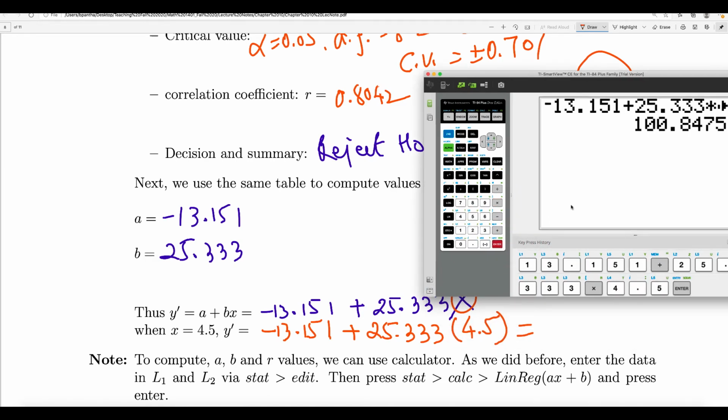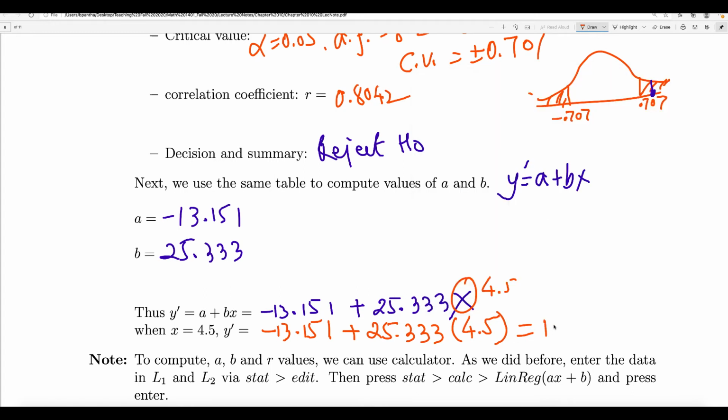If you do that, you get 100.8475. You can say 101, okay? Because it is the number of robberies and number of murders.